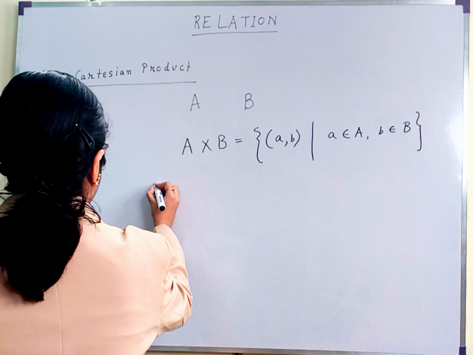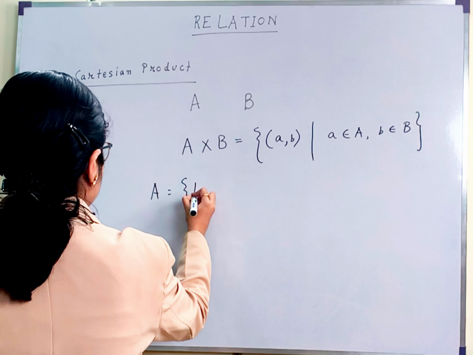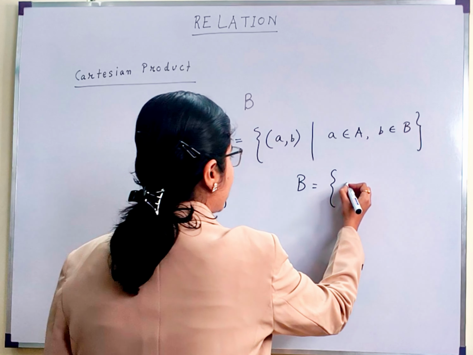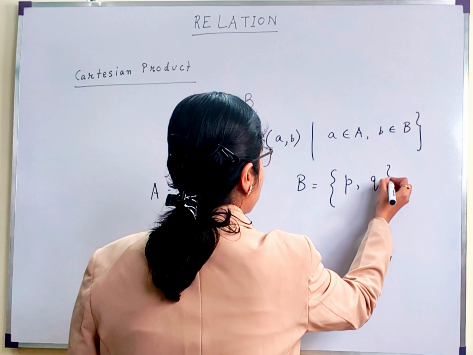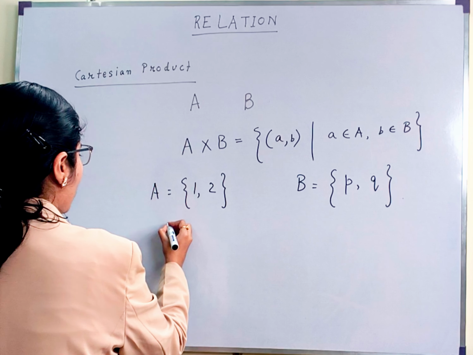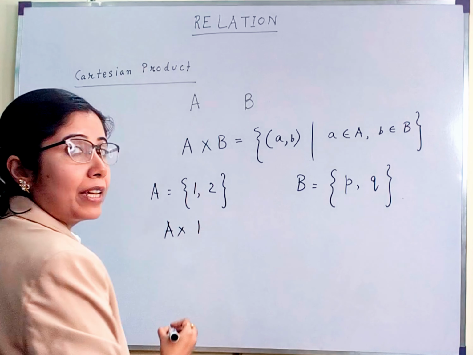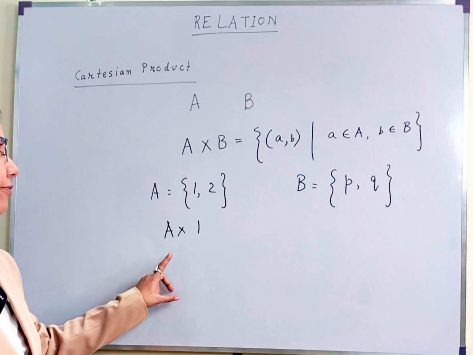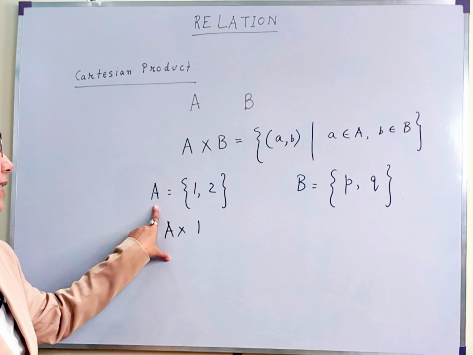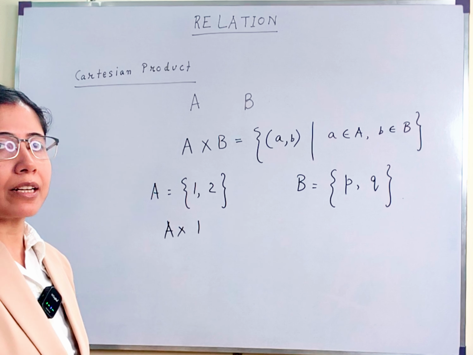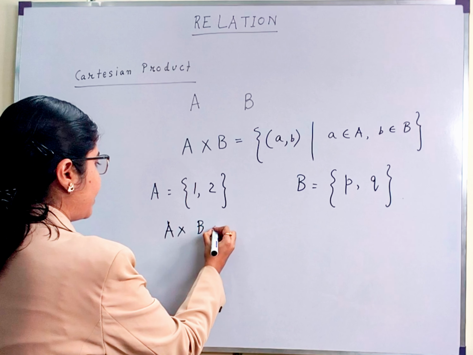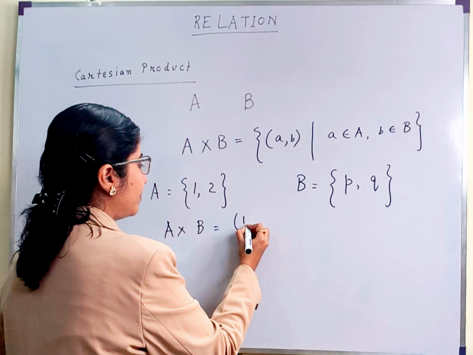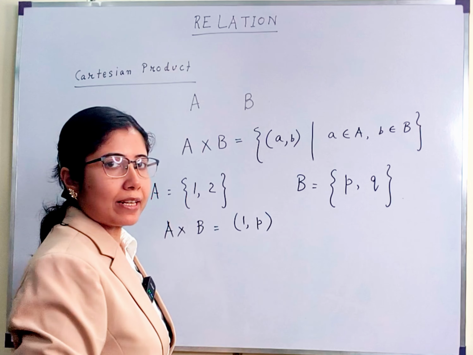Now suppose we have A is equal to a set of two elements 1, 2 and B is another set containing two elements P, Q. Let's find out the Cartesian product of A cross B. I have two sets A and B. I am going to find out the Cartesian product A cross B, where what are the sets I will have? (1, P), it is a new set.